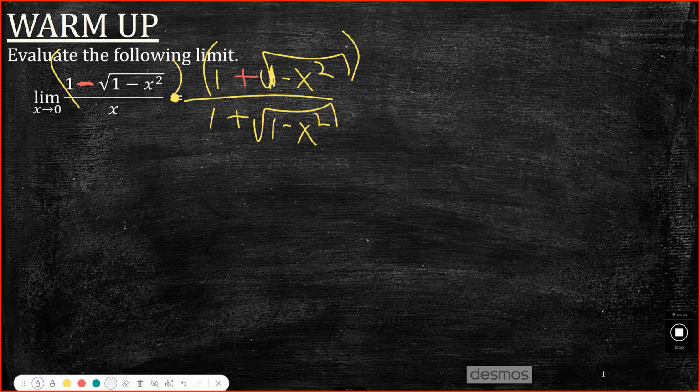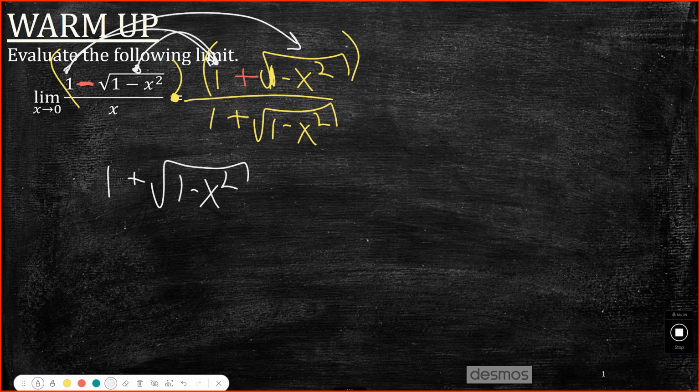So again, basic math, we do the FOIL method from algebra. 1 times 1 is 1. I'm going to go over every single step here. 1 times that positive thing here is going to be a positive square root of 1 minus x squared. And if I distribute this 1 times this one, that would give me negative square root of 1 minus x squared.